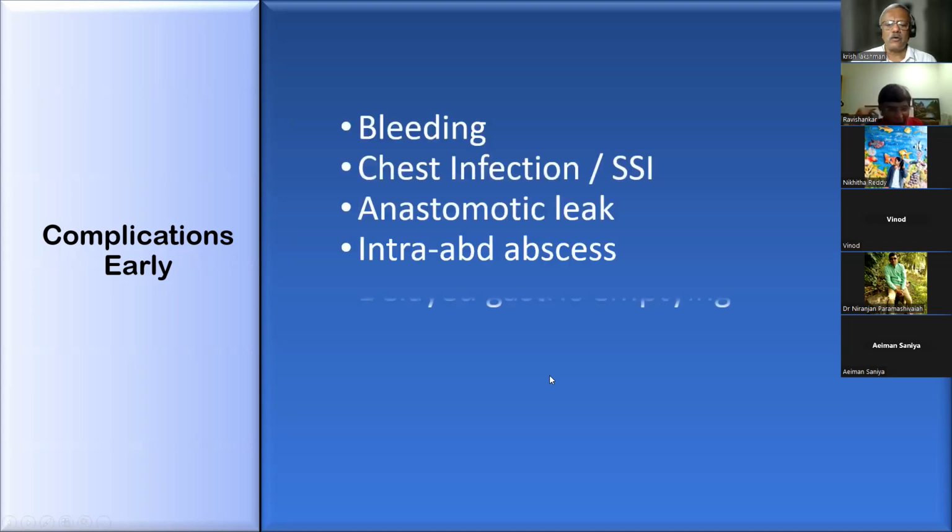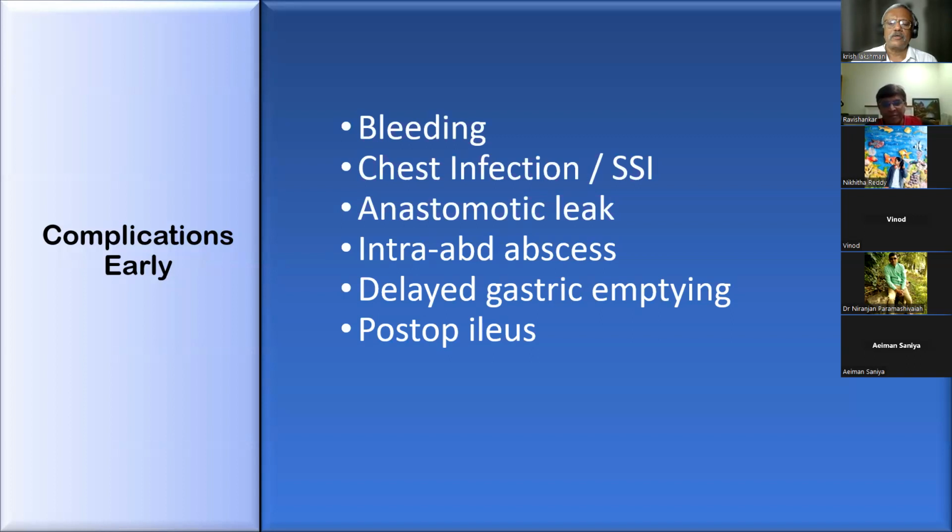The early complications soon after surgery are like any other surgery: bleeding, chest infection, anastomotic leak, intra-abdominal abscess, delayed gastric emptying, and post-op ileus. Duodenal blowout is another big thing, and I would discuss that under the intra-abdominal abscess situation.